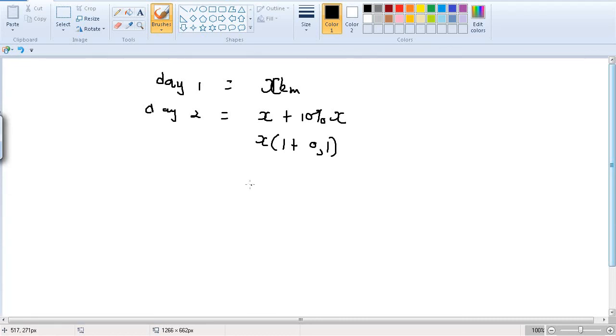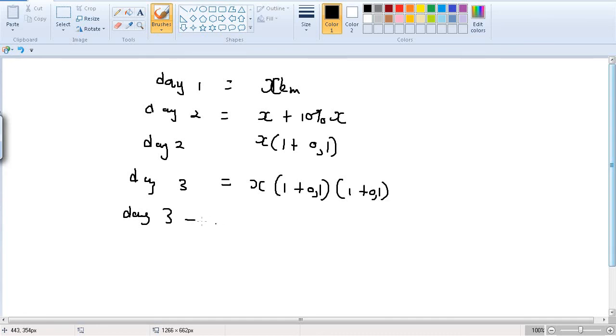So this is on day 2, which means on day 3, it's going to be the distance on the first day multiplied by (1 + 0.1), and then multiplied again by (1 + 0.1). So we can conclude that on day 3, this is going to be x(1 + 0.1) to the power 2.